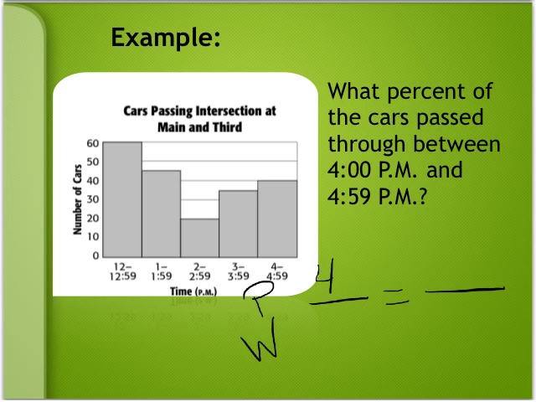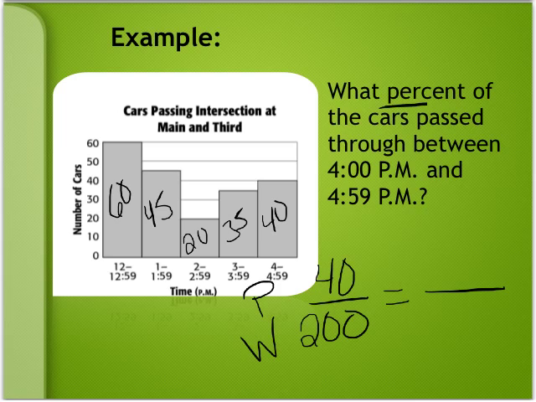My part is 40 cars. And it's out of my whole, how many cars there were. So here we had 40, 35, 20, this is 45, and then 60. So we need to add all those up. 60 plus 45 plus 20 plus 35 plus 40 equals 200.